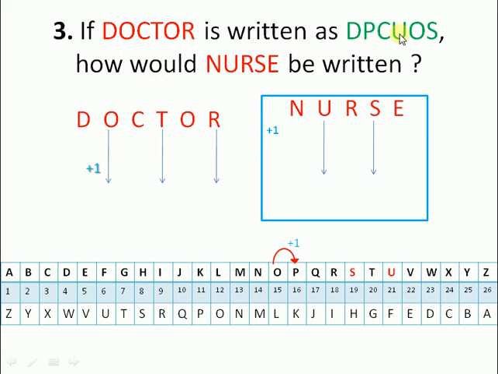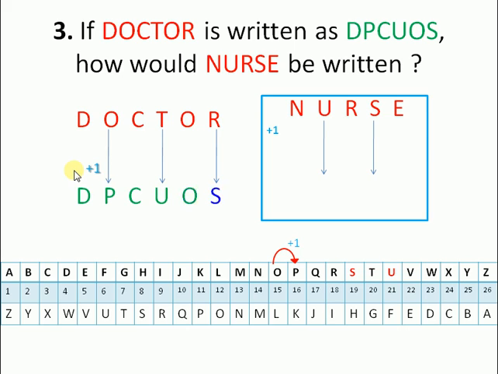Here when we observe the code, only alternate letters are changing. D remains as it is. O is changed to P, which means it moves forward one time. C is the same. T is again changing: T is changed to U. Then O remains the same.